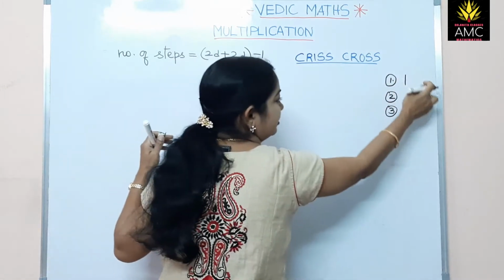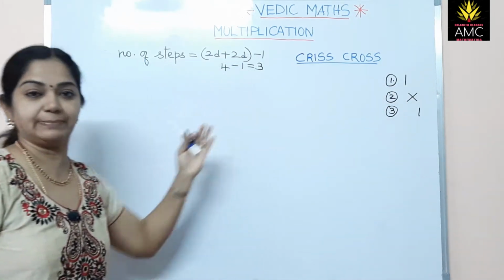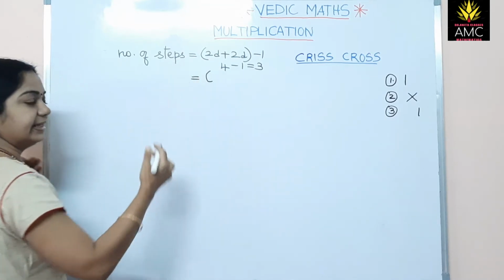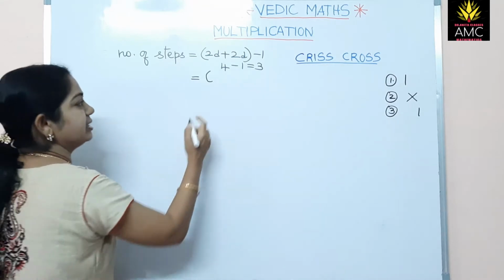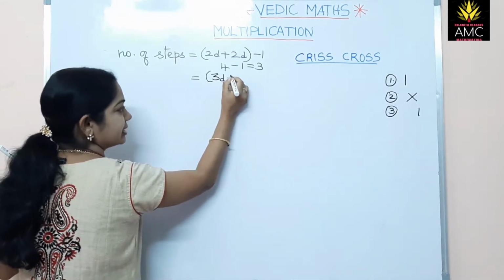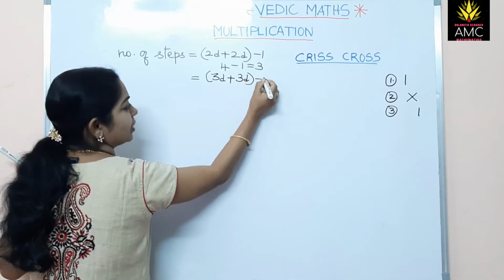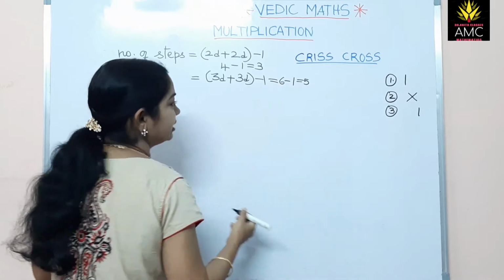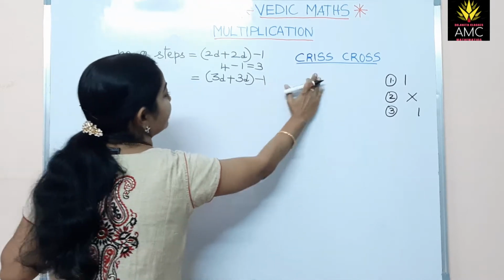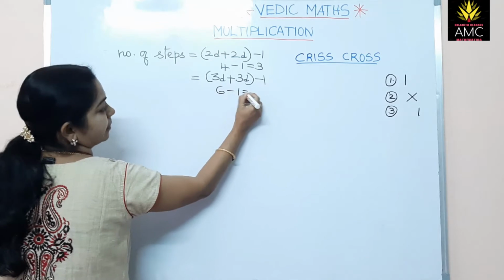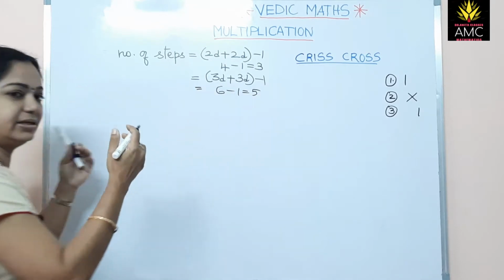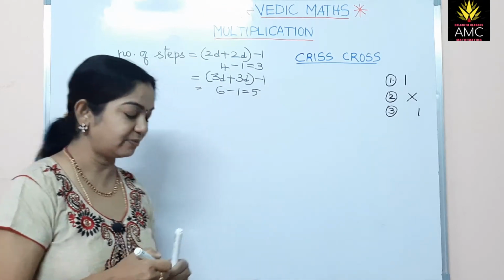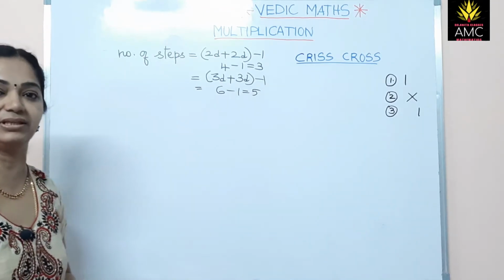So we got 3 as the number of steps for 2-digit. Now we will deal with 3-digit multiplied by 3-digit, so 3-digit plus 3-digit minus 1 is the formula. 6 minus 1 comes to 5. So we will be getting 5 steps altogether. Likewise, for 4-digit into 4-digit, it is 8 minus 1, 7 steps. So likewise, we can calculate the number of steps in the process.